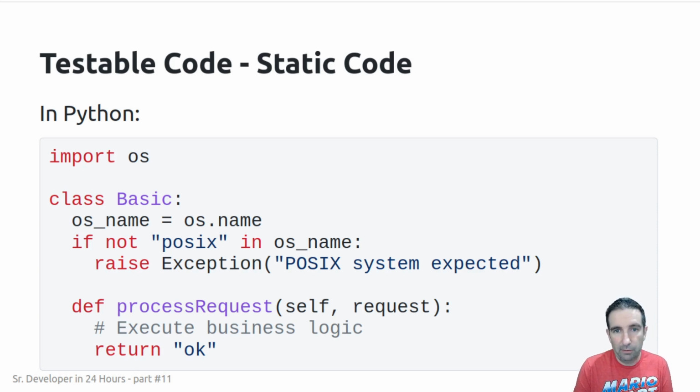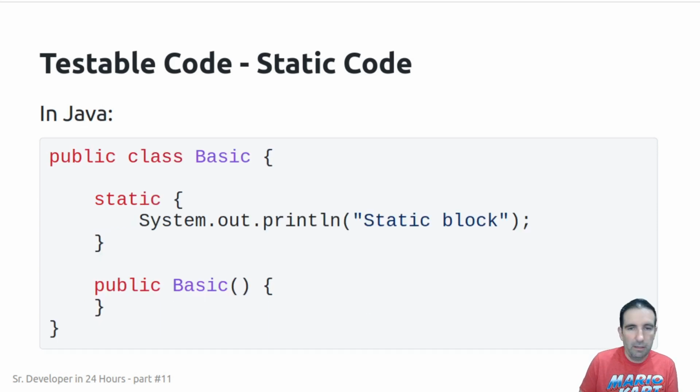Whenever this class is loaded, we are going to execute that little block of code even before we instantiate an object from this class. In Java, it is a little bit more explicit when we are dealing with static code because we have the static keyword. So pretty easy to understand when we have this type of code.